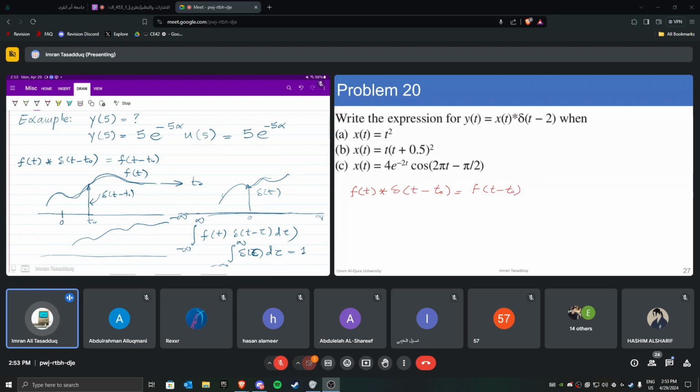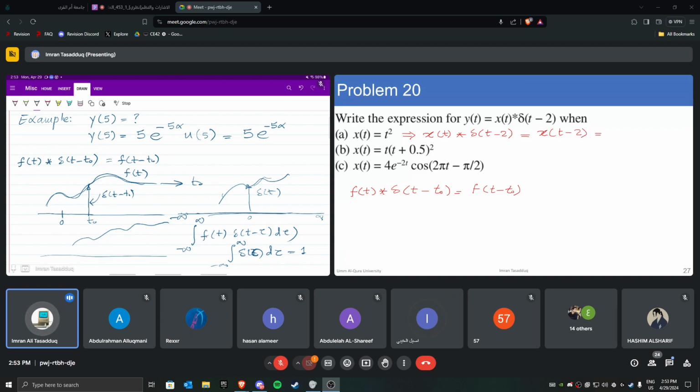So here, for example, the function is x of t. This means that x of t convolution with delta t minus 2 should give you back x of t minus 2, right?